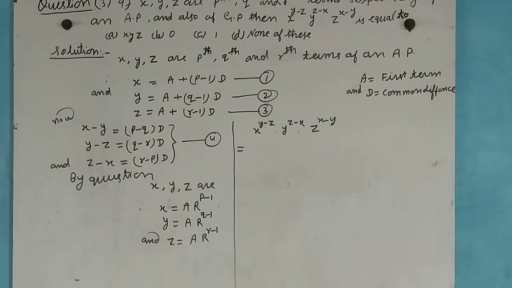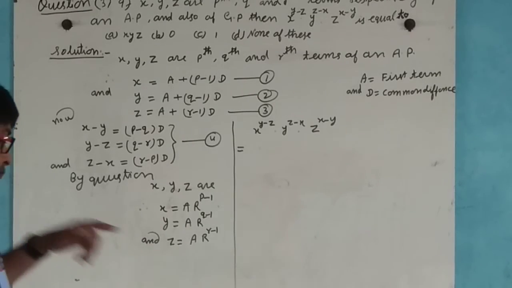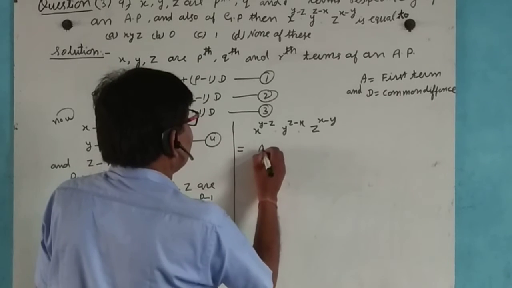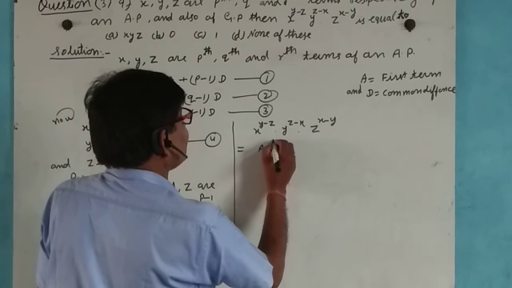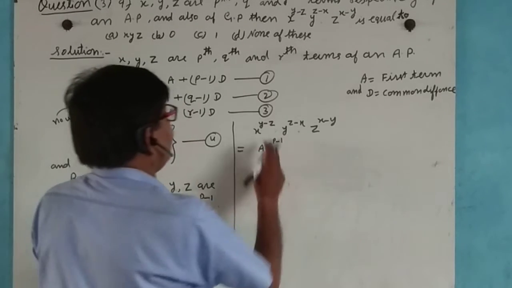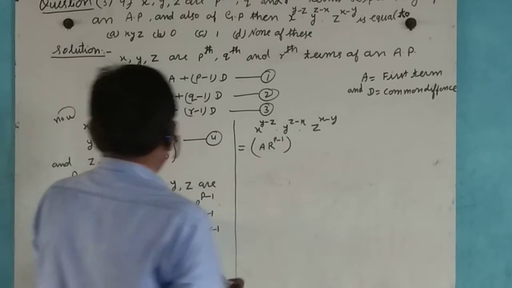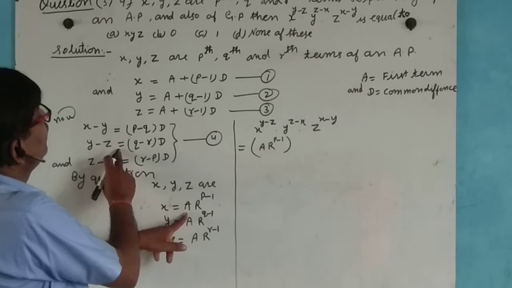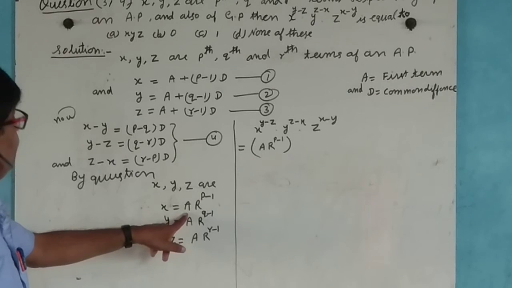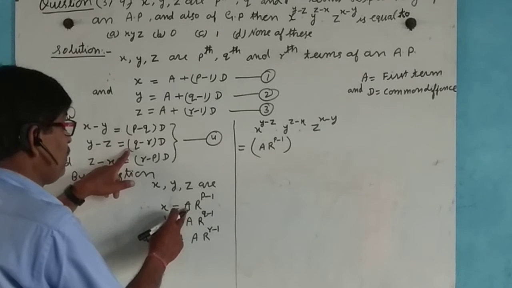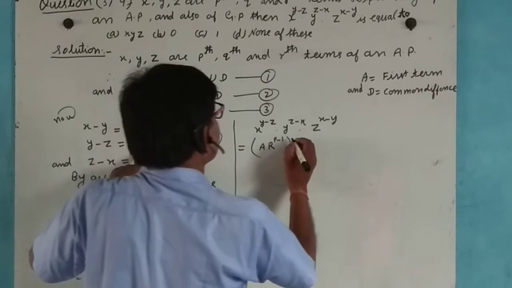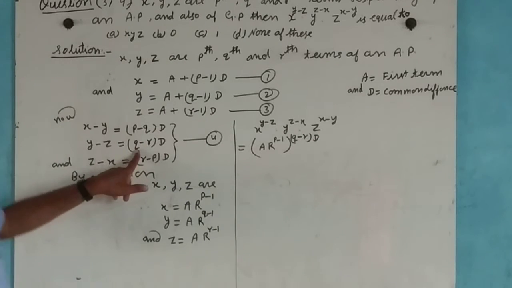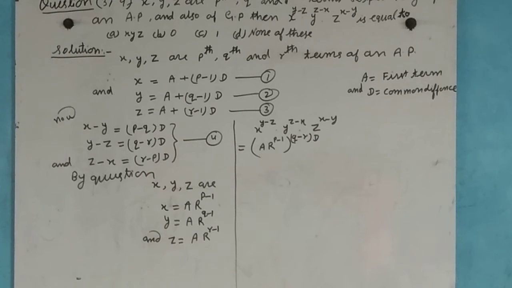Putting the value of x, which is A R to the power P minus 1, and y minus z here is equal to (Q minus R) into D.